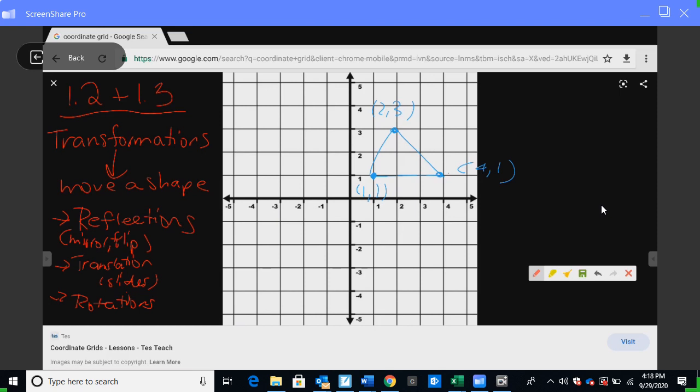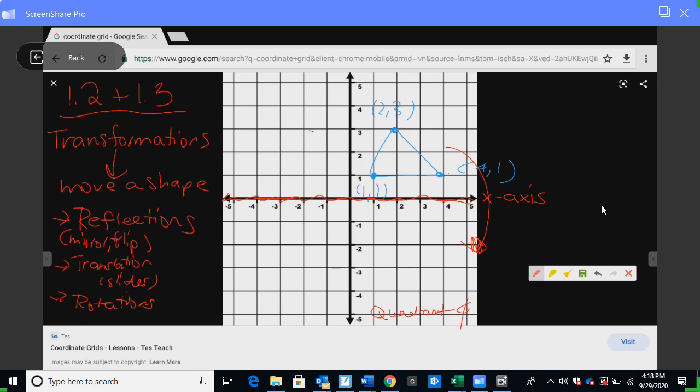I'm going to reflect on the x-axis. If I was to fold the paper at that line, I want to see which quadrant this triangle ends up in. I'm going to flip this over this line, which means my shape should somehow end up in quadrant 4.